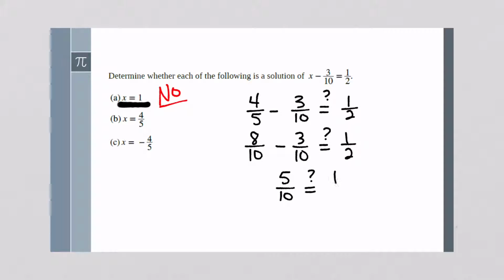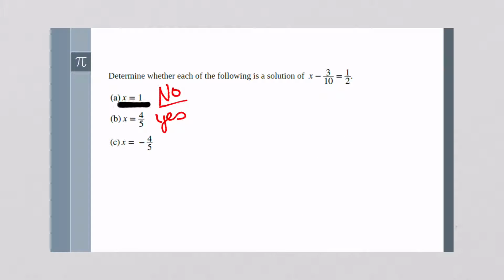Does that equal 1/2? You could do this one of two ways. You could cross multiply: 5 times 2 is 10, 1 times 10 is 10. They're equal to each other, so that is true. Or you could have reduced 5/10 and seen that it was equal to 1/2. So in this case, 4/5 is a solution because 5/10 does equal 1/2.